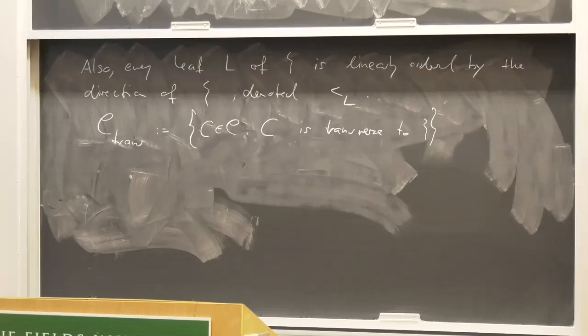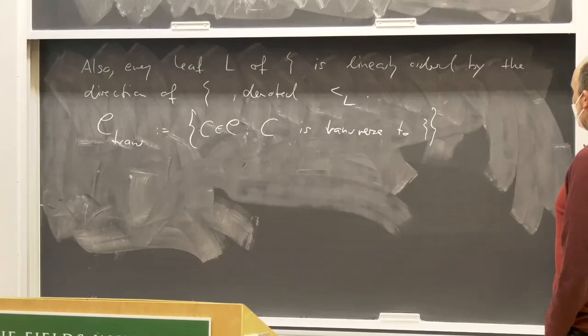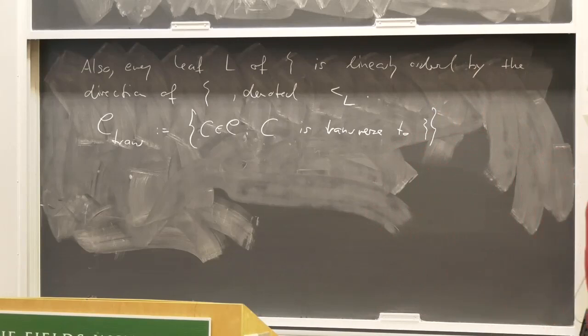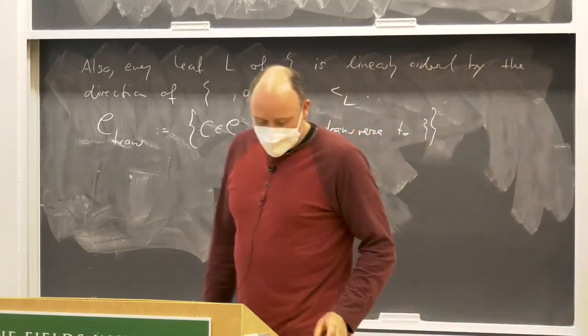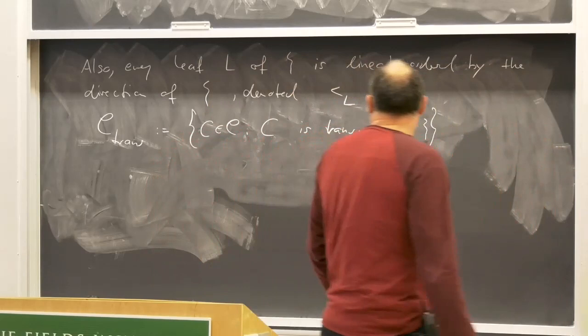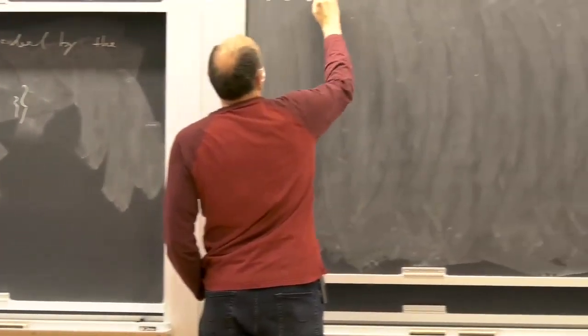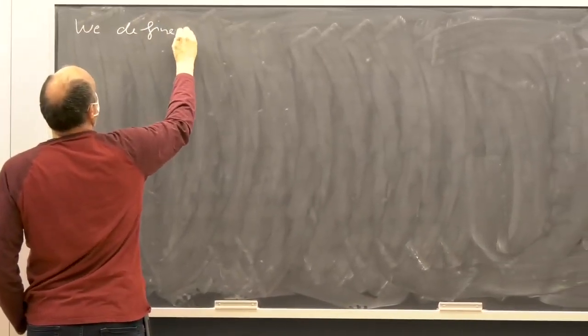It will contain one-dimensional cells that are transverse. And that's it, right? It does not contain any open cells by our definition. Okay, and so with this data in mind, we defined the forward progression map.